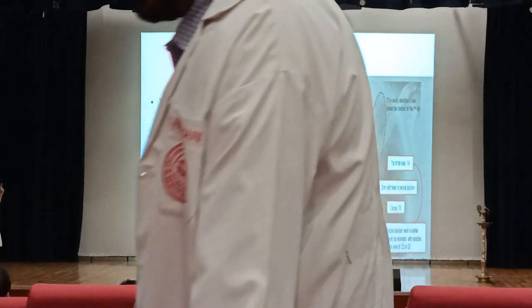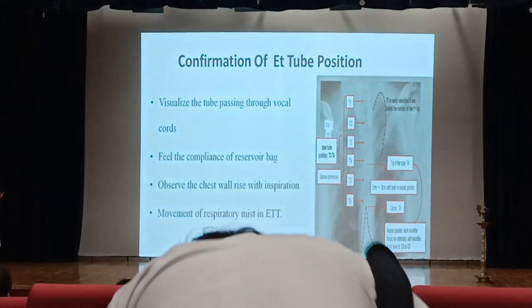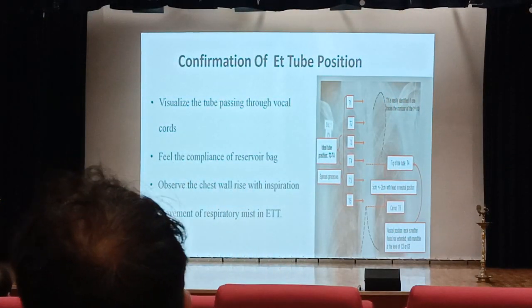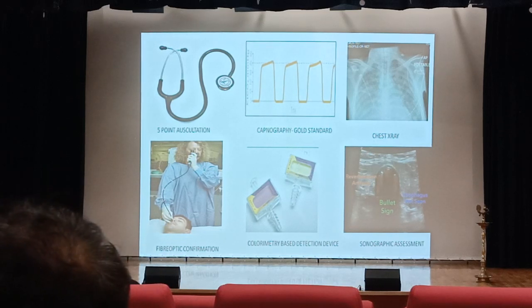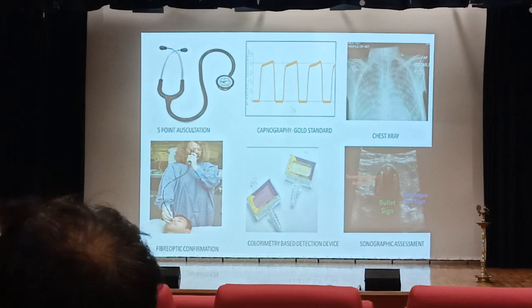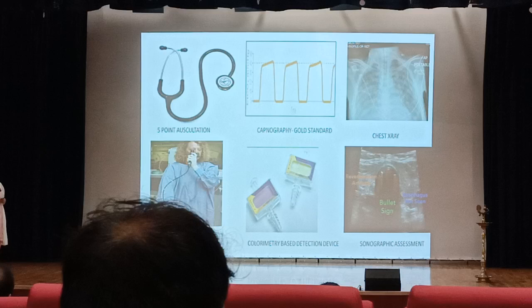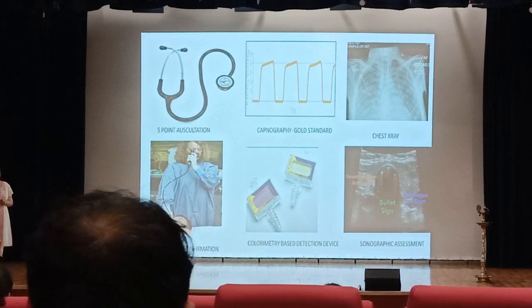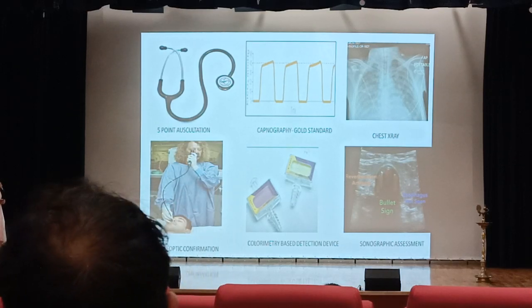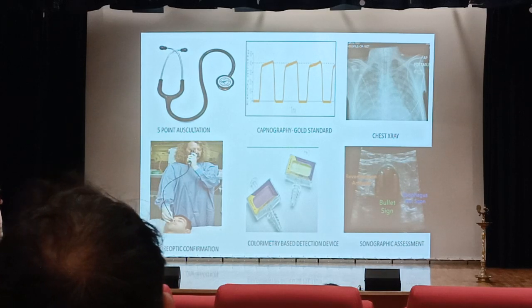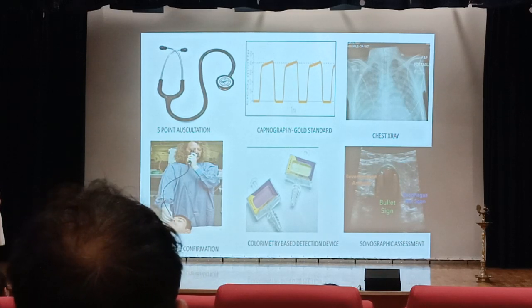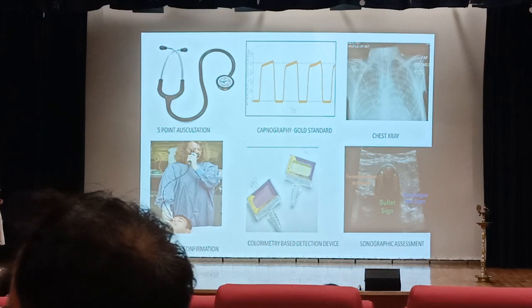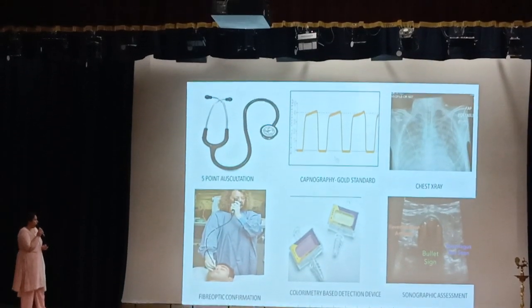Fourth, we can see mist in the endotracheal tubing. Then we can proceed to 5-point auscultation, capnography, which is the gold standard in confirming the position of the tube, colorimetry based detection devices, fiber optic confirmation, chest x-ray, and now sonographic assessment of the endotracheal tube has also come into practice.